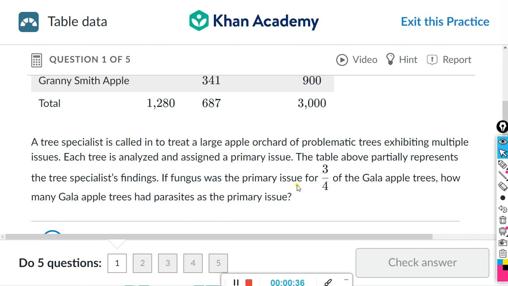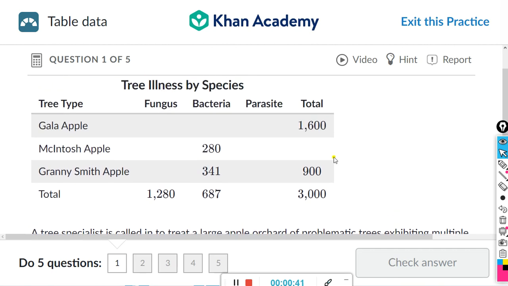Fungus was the primary issue for 3/4 of the Gala apple trees. Let's see. So here's the Gala apple trees. All right. And if we trace this to the end, the total of Gala apple trees is 1,600. So fungus was 3/4 of that.